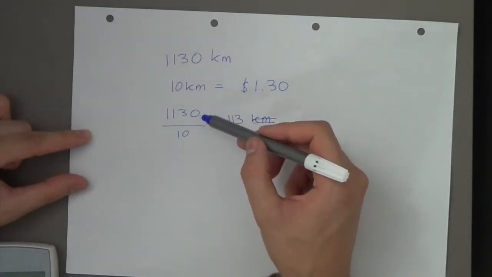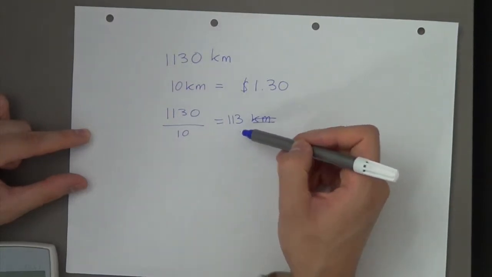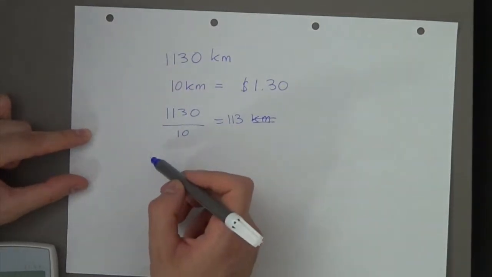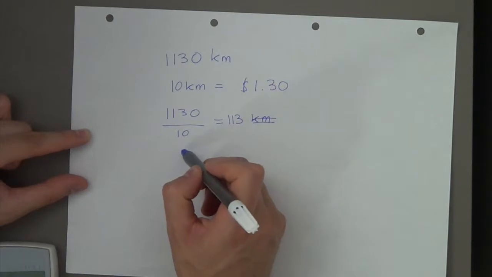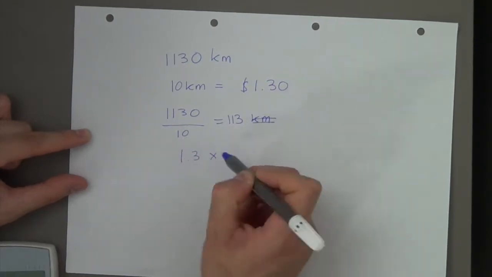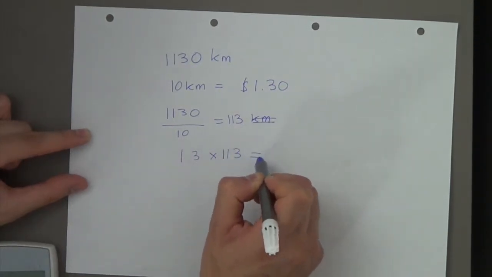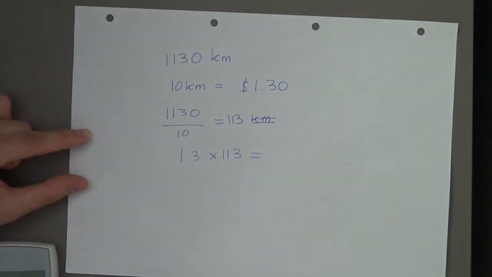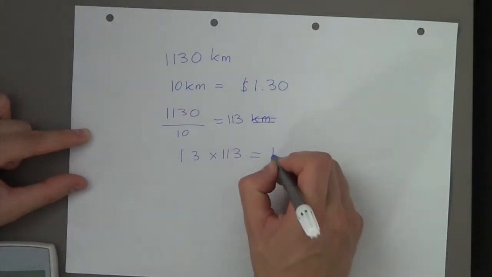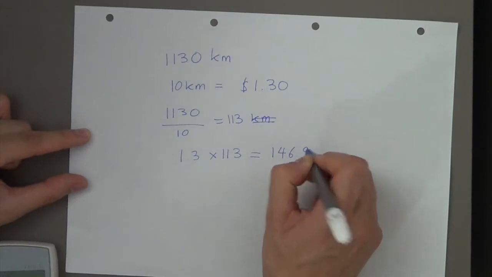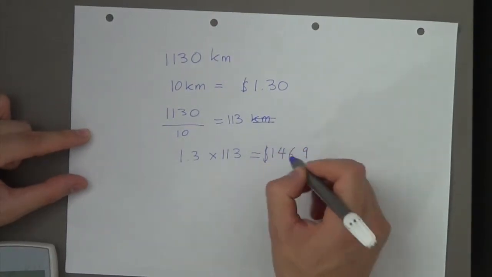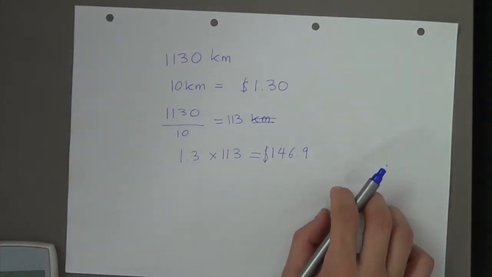So 1130 divided by 10 gives us 113, and then finally we just need to multiply 1.3 times 113, and that gives us 146.9, so $146.90.